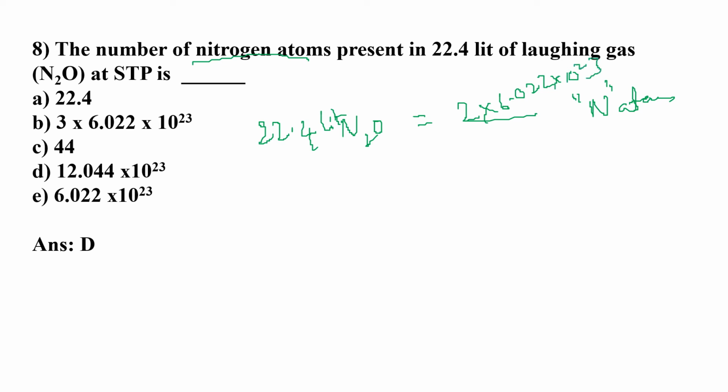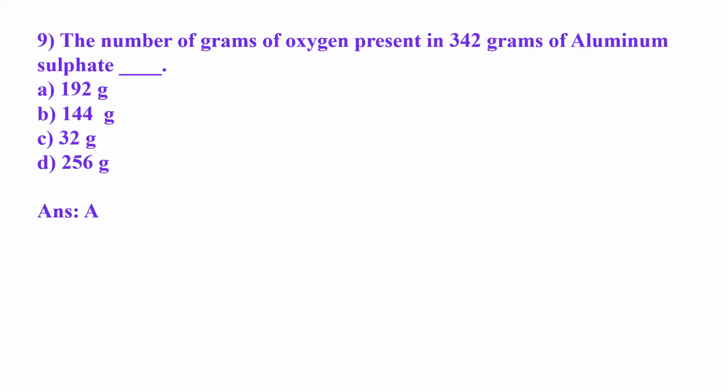Why? Any gas occupies the Avogadro number, but here it is asking for nitrogen, so you have to multiply with 2. So our answer is D, 2 into 6.022, that is 12.044 into 10 to the power of 23.